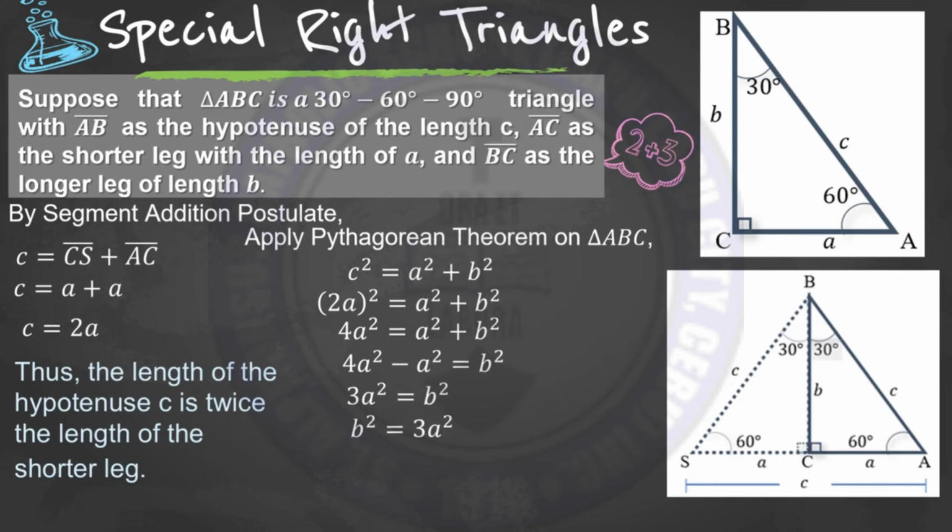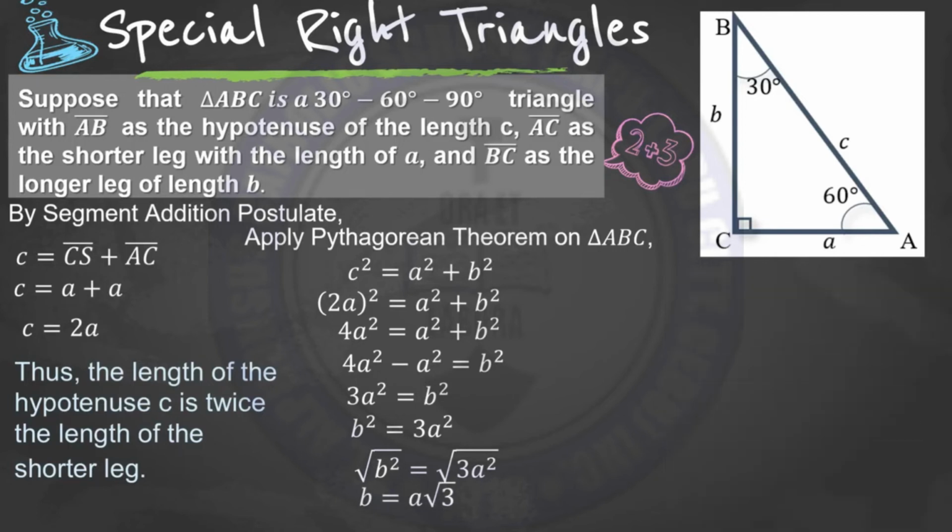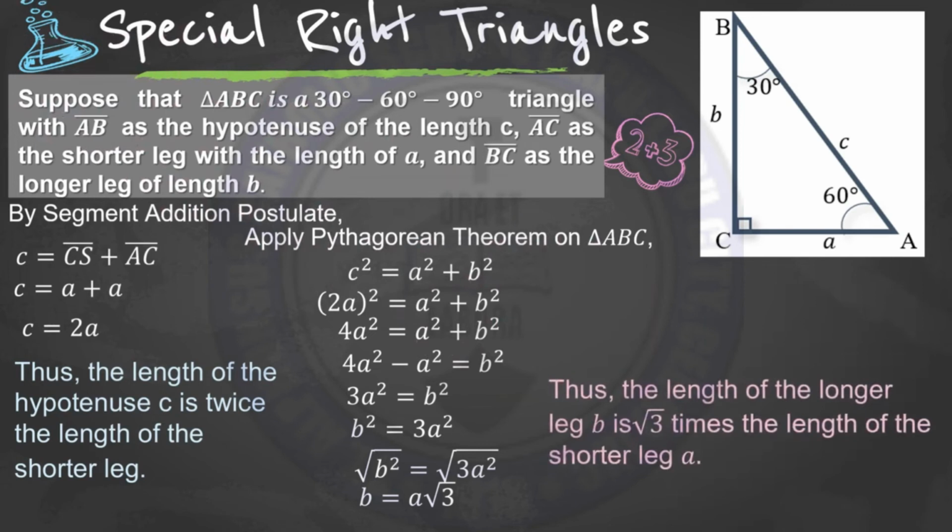And by the symmetric property, we can say that b squared is equal to 3a squared. Extracting square roots on both sides, you will have b is equal to a square root of 3. Thus, the length of the longer leg b is square root of 3 times the length of the shorter leg a.